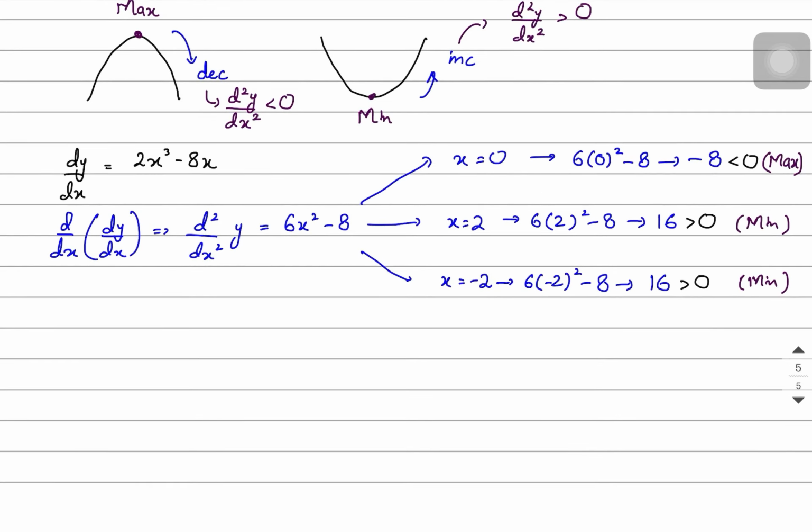So my conclusion is that if the double derivative is positive, it's going to be a minimum. If my double derivative is negative, it is going to be a maximum.